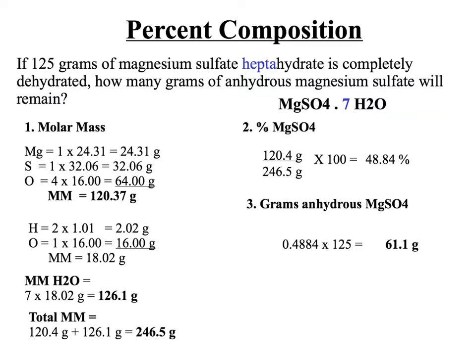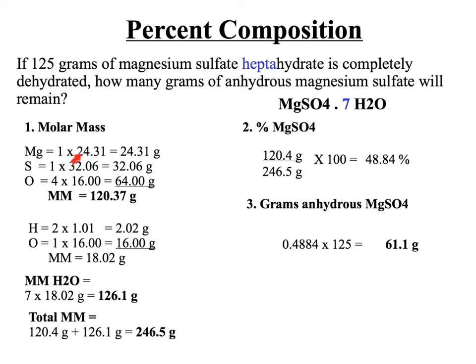We first will calculate the molar mass of magnesium sulfate. So if we look, we have 1 magnesium, weight 24.3, 1 sulfur, weight 32.06, 4 oxygens, each weighing 16. We add each of these up. We get a molar mass of 120.37.